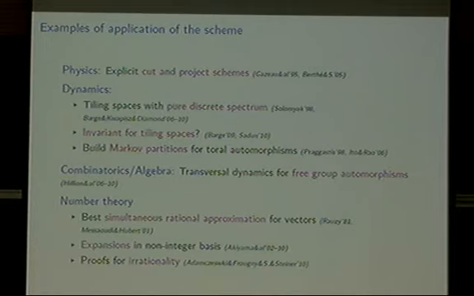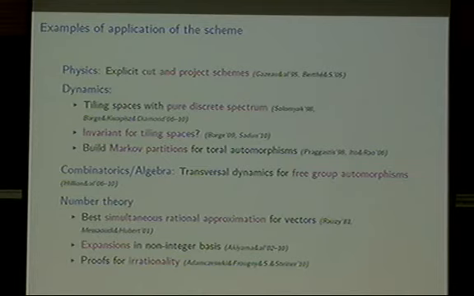You could also build Markov partitions. So it's always with the same spirit: I want to look for self-similarity, and I switch to the Rauzy fractal and to geometrical and fractal topology. And if you are in combinatorics, then you can look at free group automorphisms, which are also substitutive. And these fractals provide you transversal dynamics for these automorphisms.